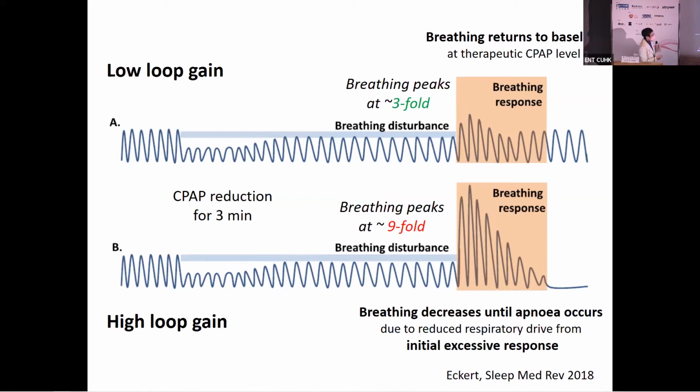But in a patient with a high loop gain who is very sensitive, the breathing may peak up to ninefold maybe, and then because of this over-response, the CO2 is driven to below the apnea threshold, and so there's a central sleep apnea afterwards. So this is talking about people who develop CSA when we give CPAP.